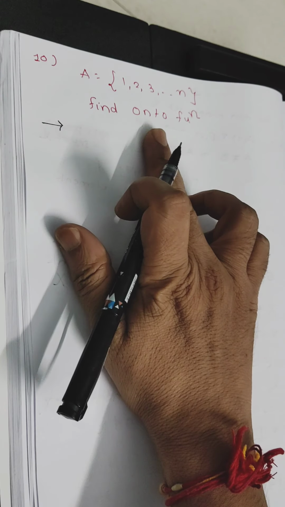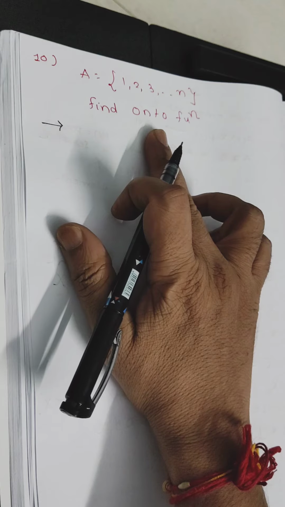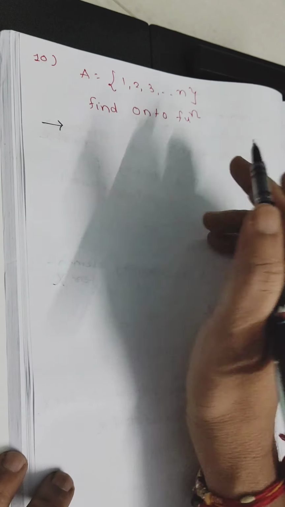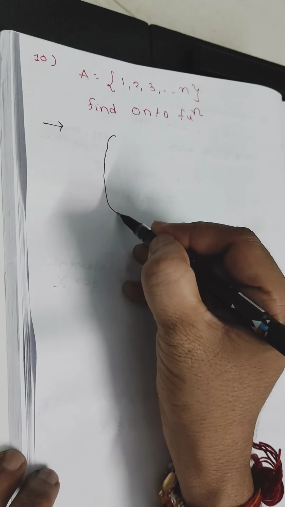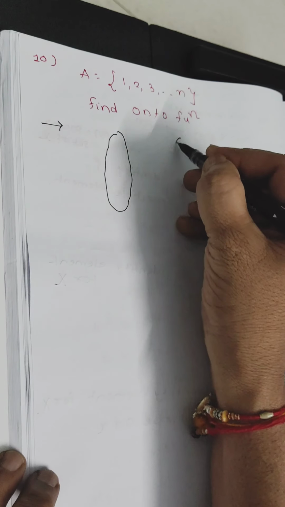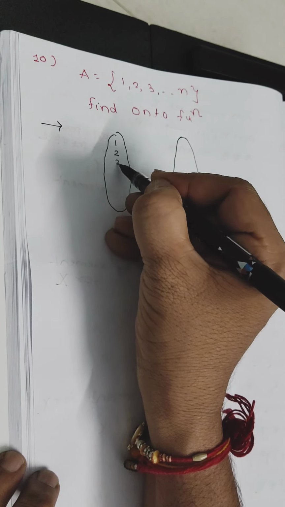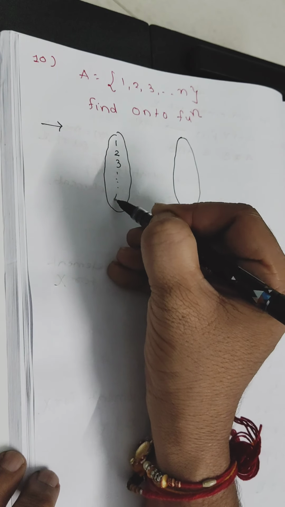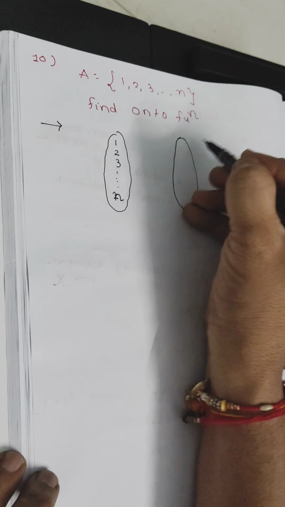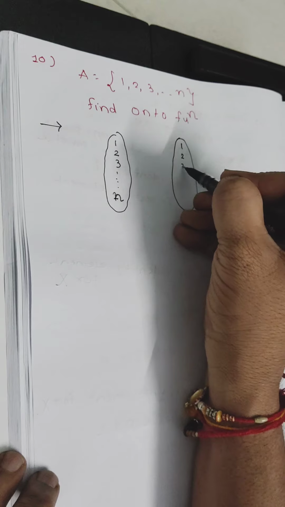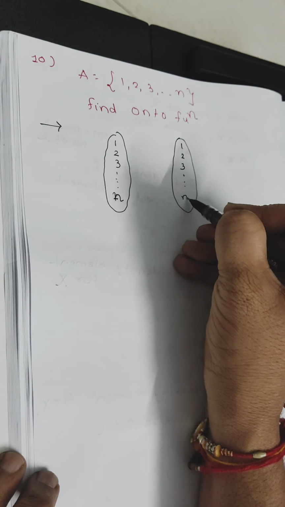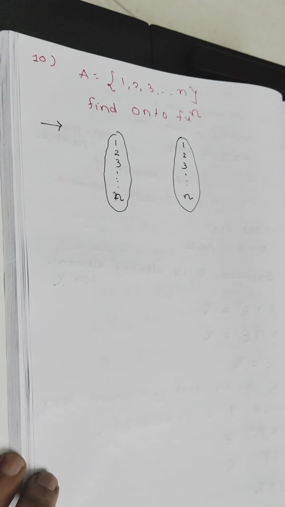Here we have to find the number of onto functions. So if the set is from A to A, then 1, 2, 3, ... n is there. Here also 1, 2, 3, ... n is there.